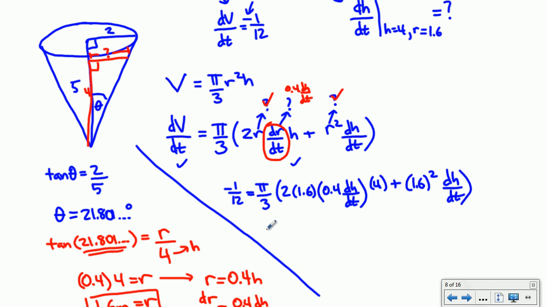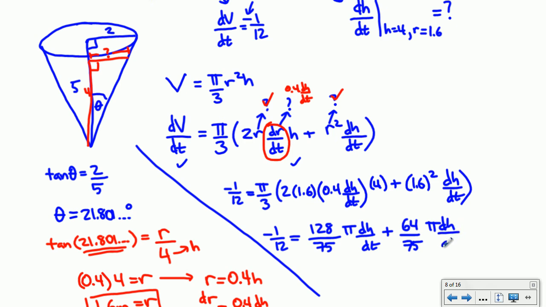So next we can simplify a little bit. If you multiply that by that by that by that and then divide by 3, you would get 128 over 75 pi dh/dt. And then if you do that times 1.6 squared, you should get 64 over 75 pi dh/dt.